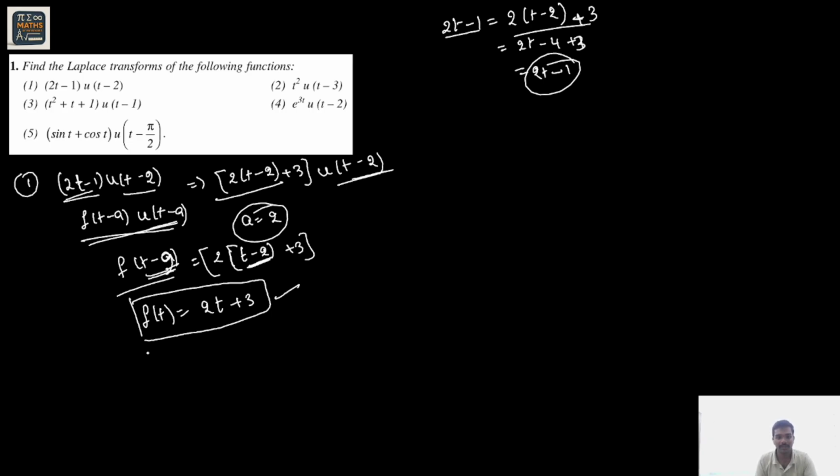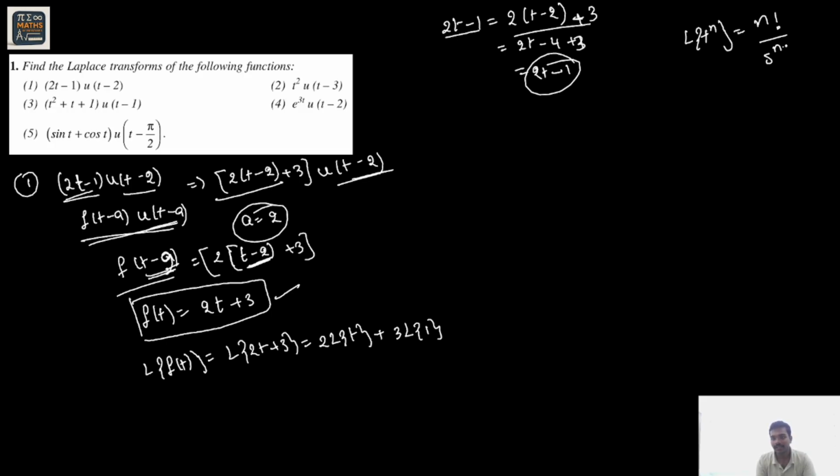First we find the Laplace for this term. Laplace of f of t is equal to Laplace of 2t plus 3. By using linearity property, 2 into Laplace of t plus 3 into Laplace of 1. We know that Laplace of t power n is equal to n factorial by s to the power of n plus 1, and Laplace of 1 is equal to 1 by s.